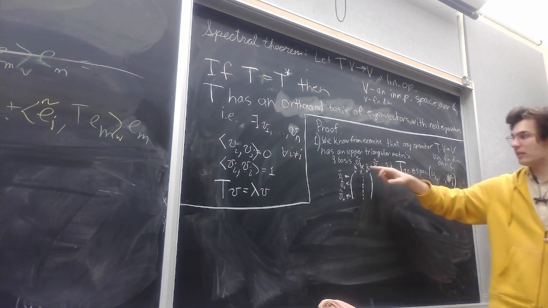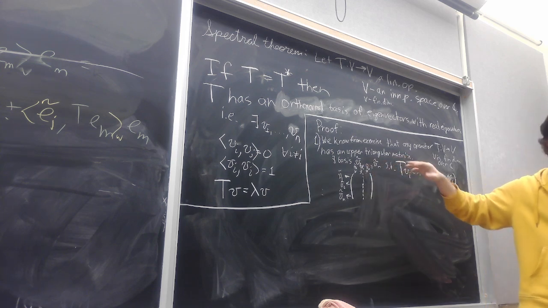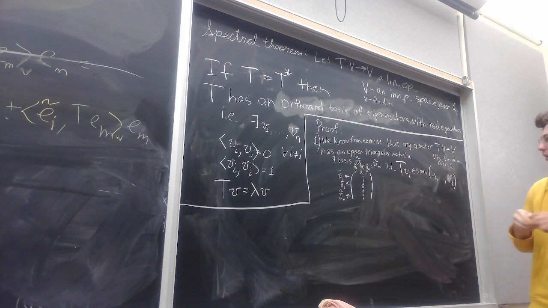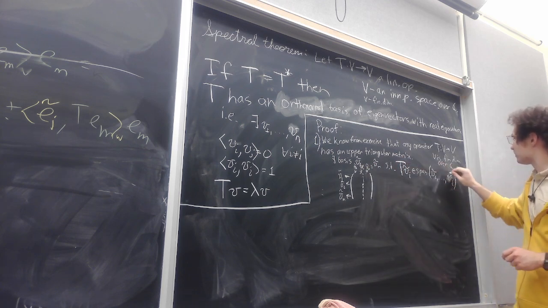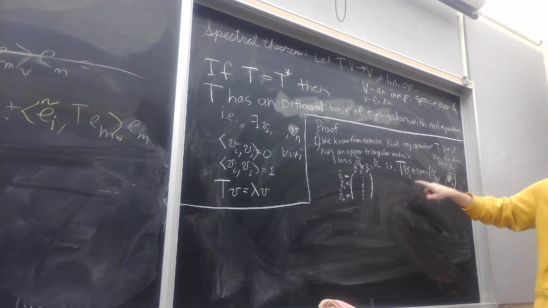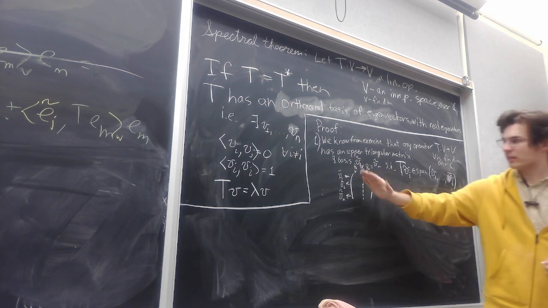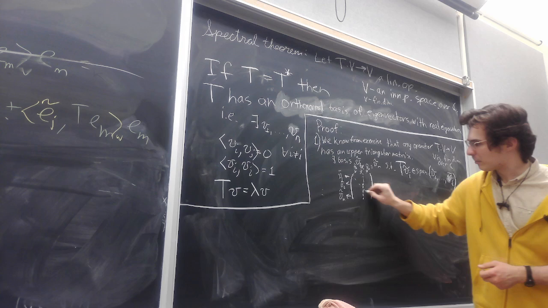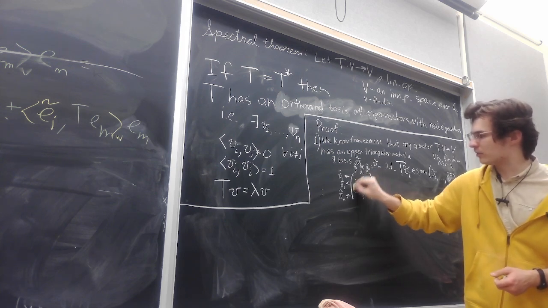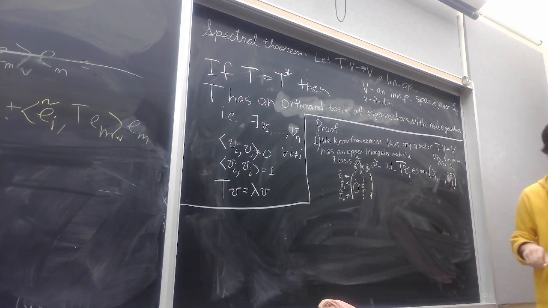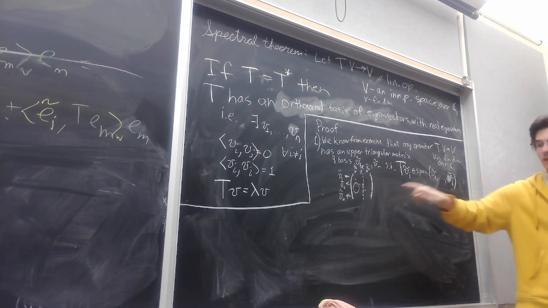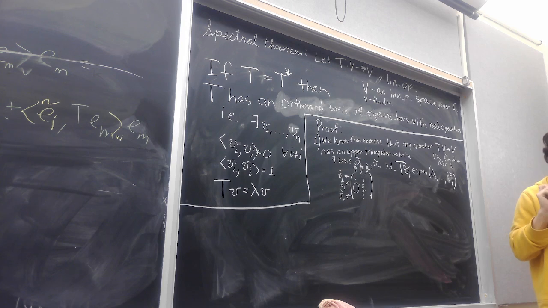So there exist these v1 up to vn tilde, such that T vi is in the span of v1 up to vi. And this condition is exactly the same as saying that the matrix is upper triangular, because everything below this diagonal will be 0. Do we see why this implies that everything below the diagonal is 0? If you don't, please let me know.